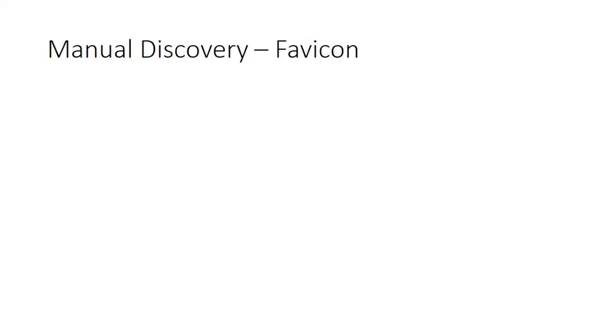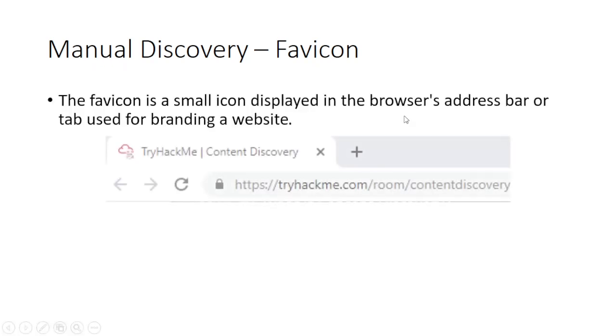Another interesting thing to look for is the favicon. I don't know how to pronounce it. The favicon is a small icon displayed in the browser address bar or tab, used for branding a website.